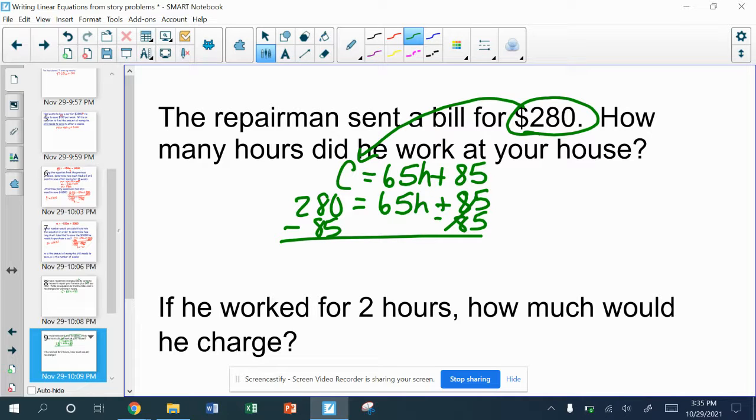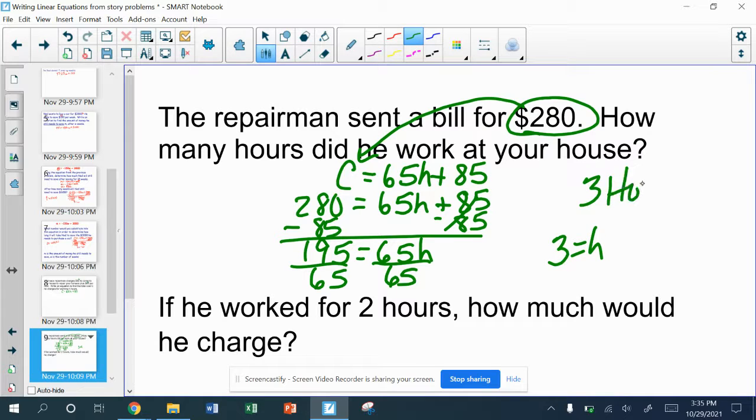So 280 minus 85, that's going to give us a 195. And then we're going to divide, which would give us 3 hours. And with a label, we would have 3 hours.